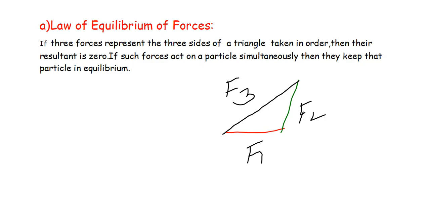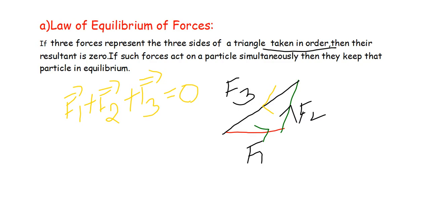That means they are all in the same direction. F1, F2, F3: these three forces represent three sides of a triangle and are in the same order. Then the resultant vector is 0. That means the resultant vector F1 bar plus F2 bar plus F3 bar is 0.